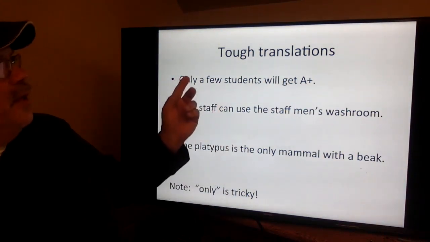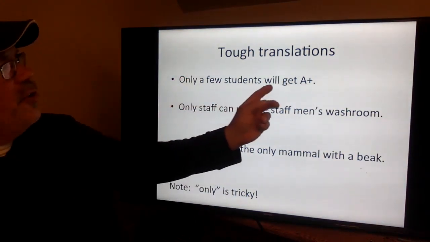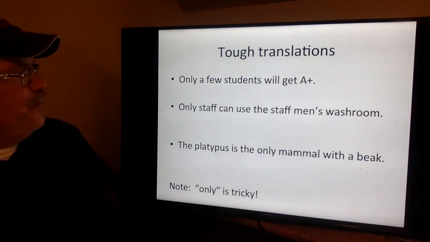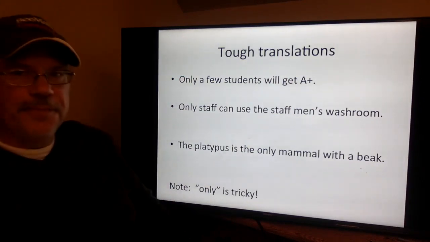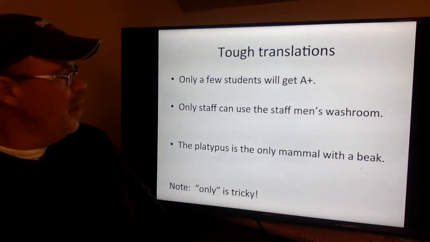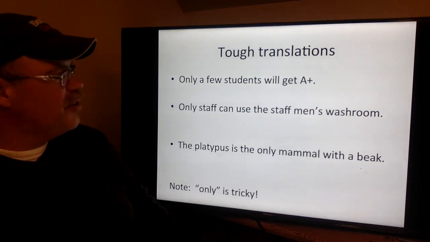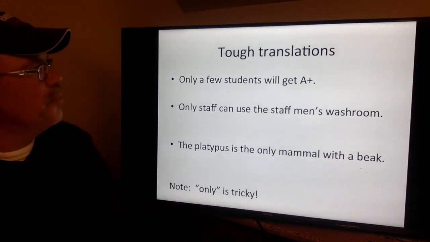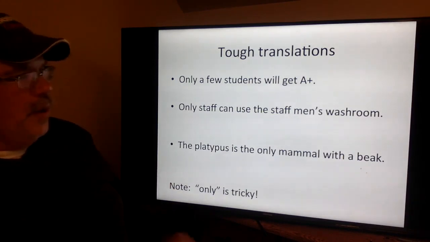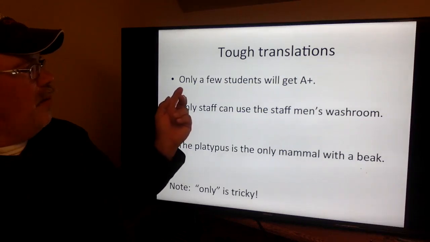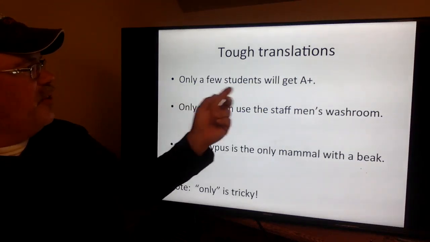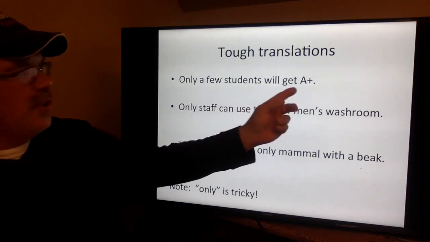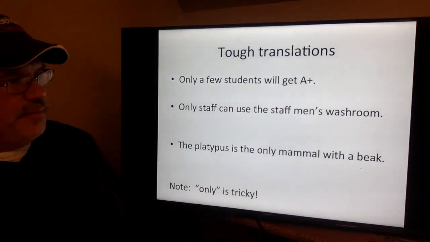So, only a few students will get A plus. What do we think that's trying to say? That's trying to say there are some students that will get an A plus, but not many. So, is this about the students or is this about the A plus?